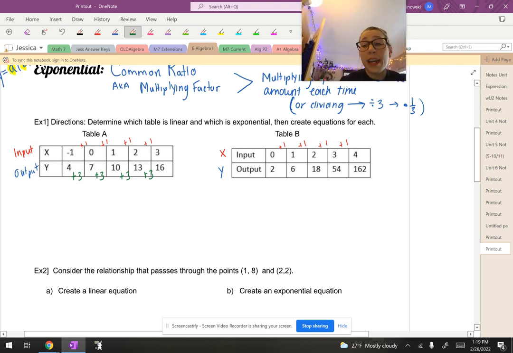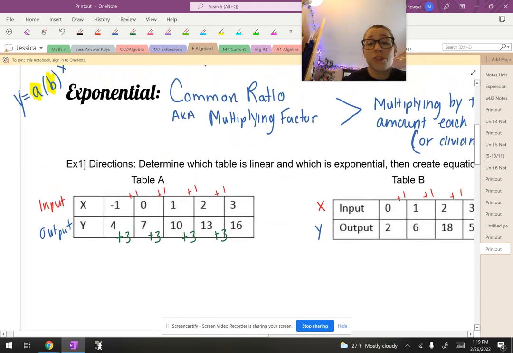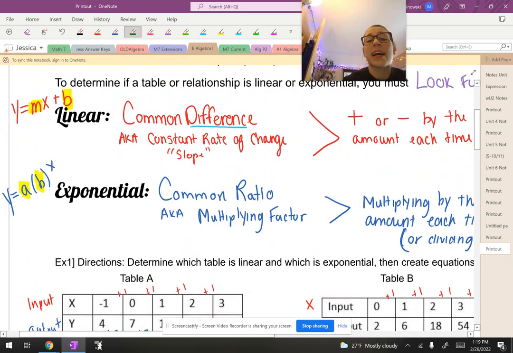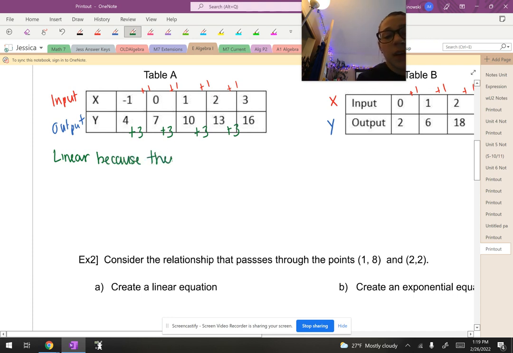So you can see that table A is clearly the linear one because there is that constant rate of change, aka that common difference. So this is linear because there is a common difference of plus 3.